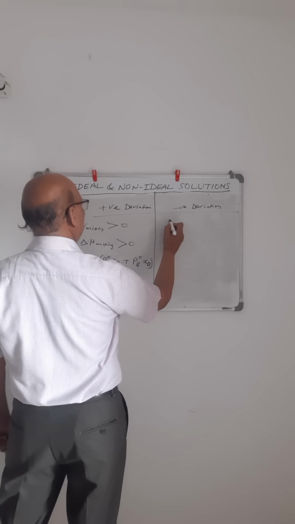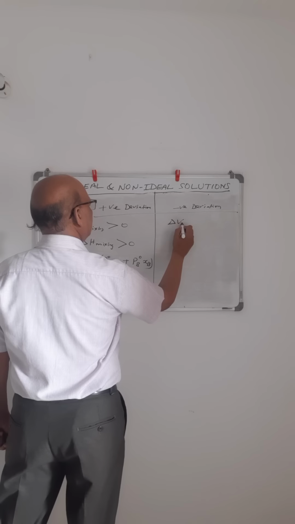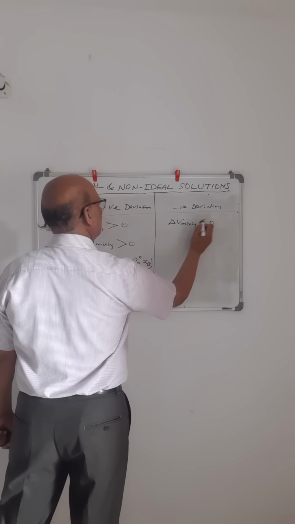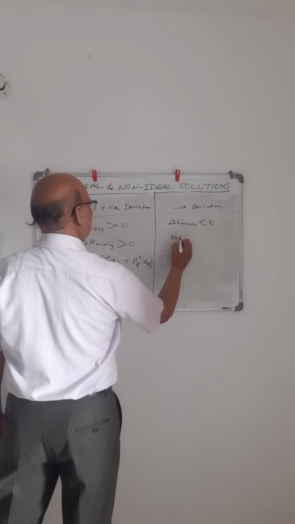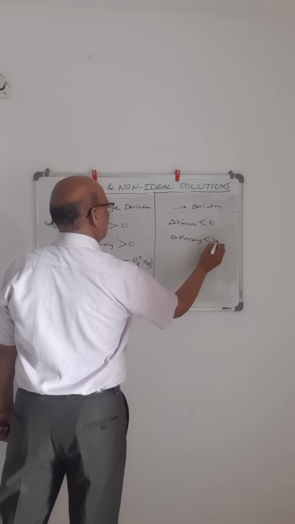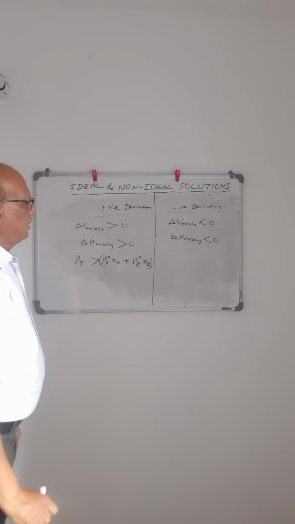And for negative deviation, it will be opposite, that is delta V mixing will be less than 0, then delta H mixing will be less than 0. That means the process will be exothermic.